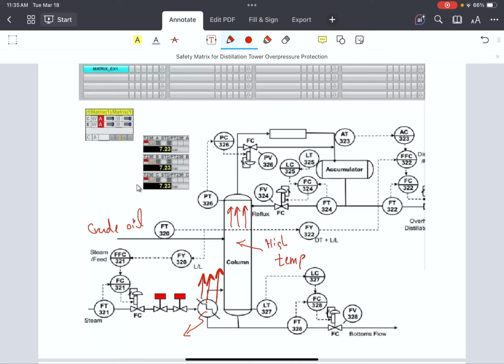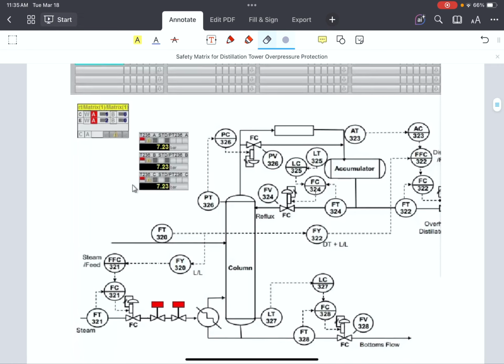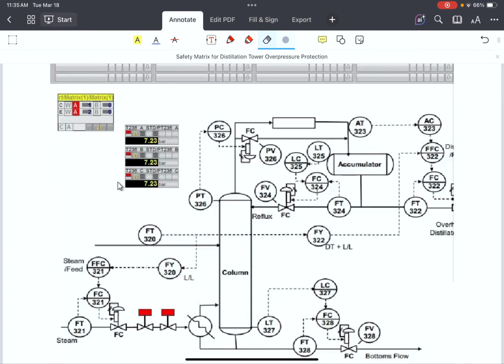We measure the pressure at the top of the column by using 3 transmitters, and these 3 transmitters will play an important role to shut down the supply of steam, which is somehow a shutdown of the column.